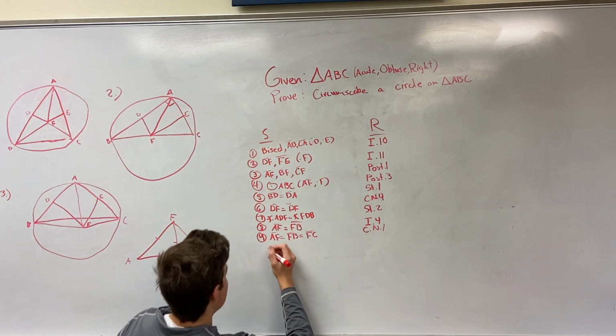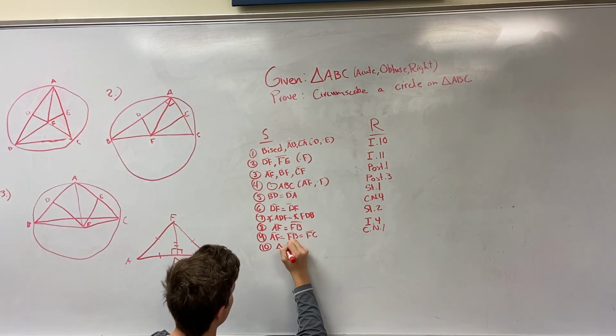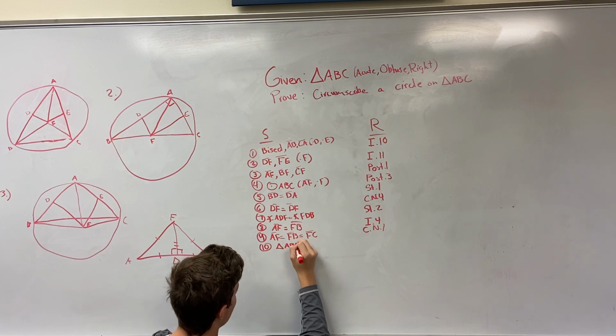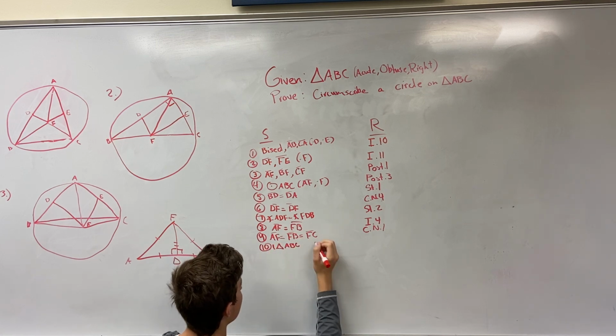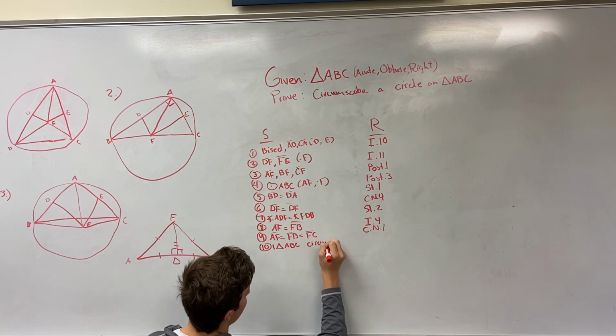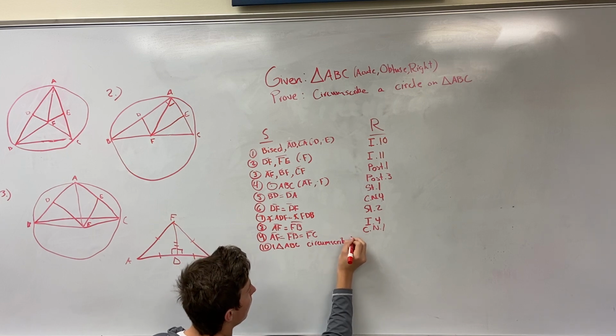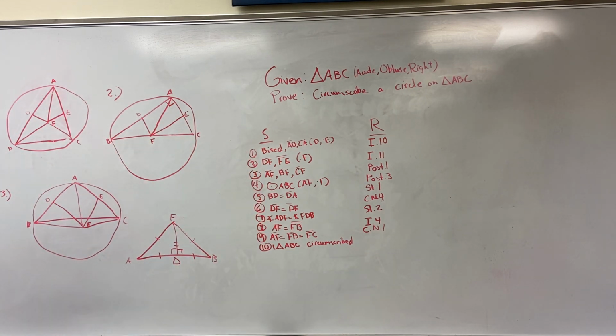So I will just write triangle ABC, and I'll put 1 in front of it, has been circumscribed. Nice. Okay, and the reason for that is the definition of circumscribed.